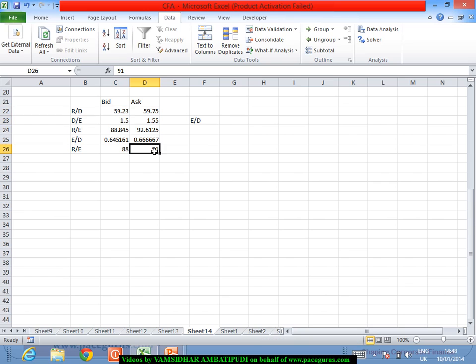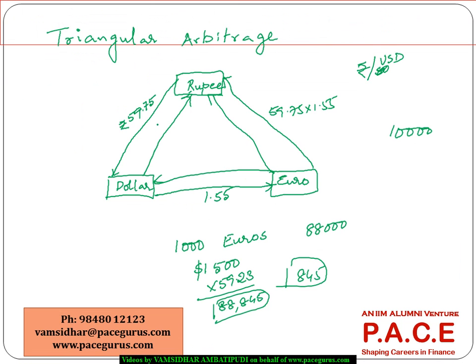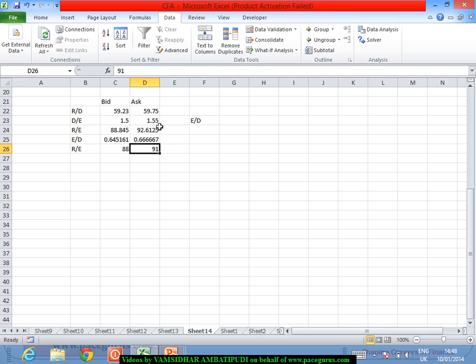So now let's look at this triangular transaction. Let's say I am starting with 10,000 rupees. I will sell the 10,000 rupees directly to my dealer, who is willing to sell euros to me at 91. Because of this, using the 10,000 rupees I have, I am able to convert them into 109 euros.